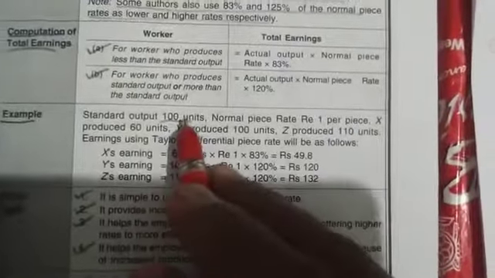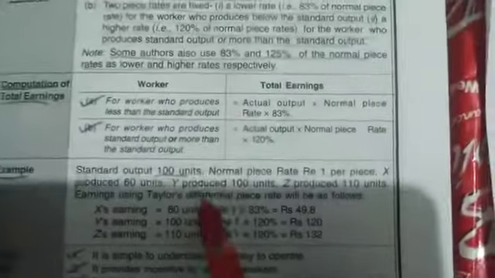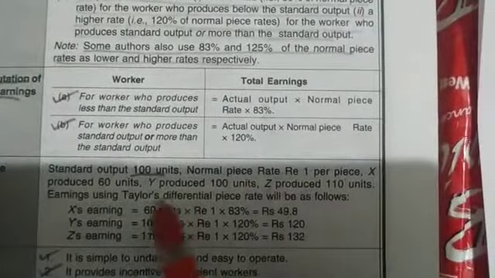What does it say? Standard output is how much? I am writing SO equal to 100 units. Normal piece rate is rupees 1. X produces 60, Y produces 100, and Z produces 110 units.